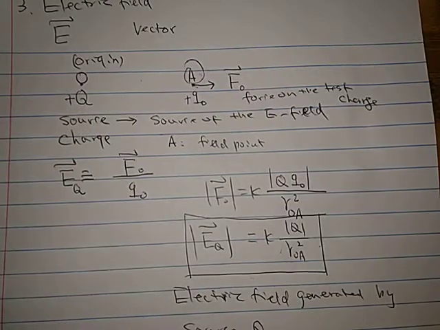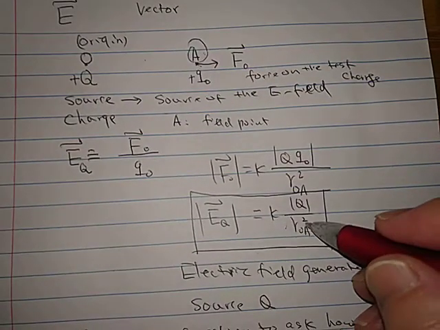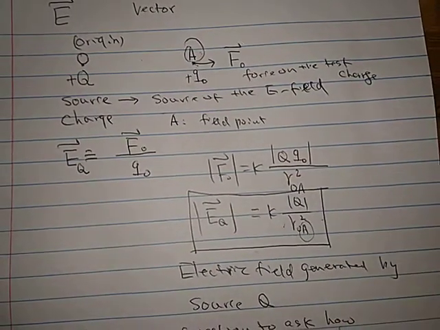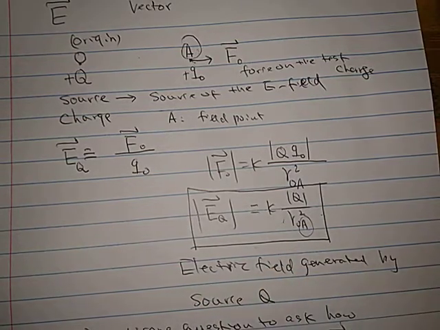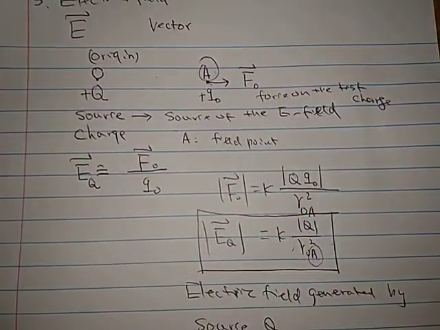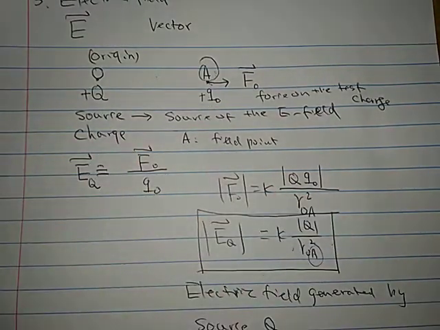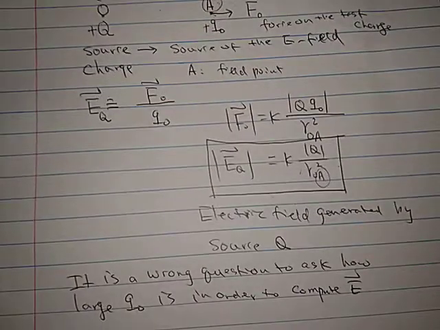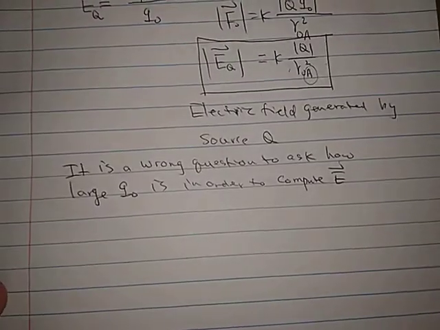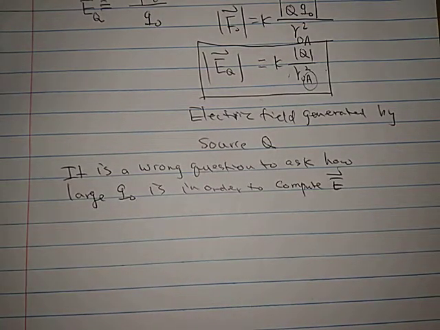So that is the abstract idea, which is that the field point A at this particular location has nothing to do with respect to the Q0 anymore. So Q0 disappears from our equation. And this is very, very crucially important. So that's how we define it.